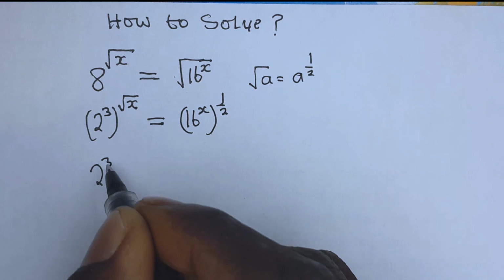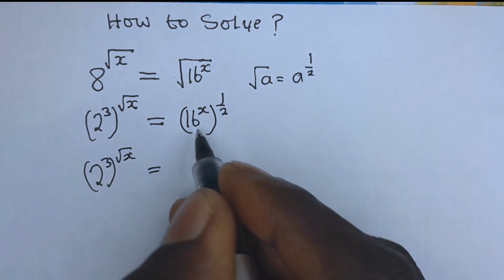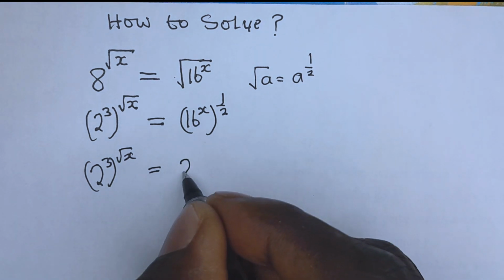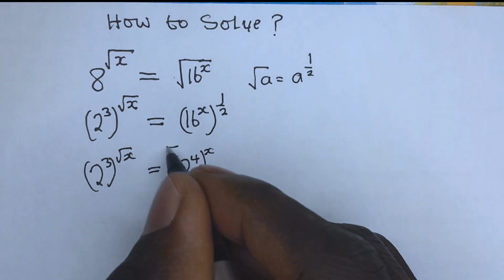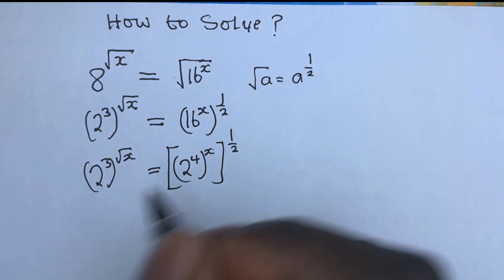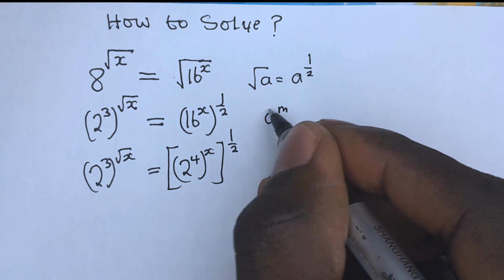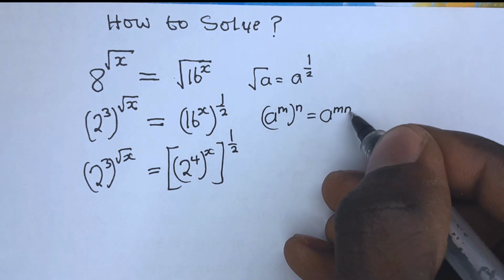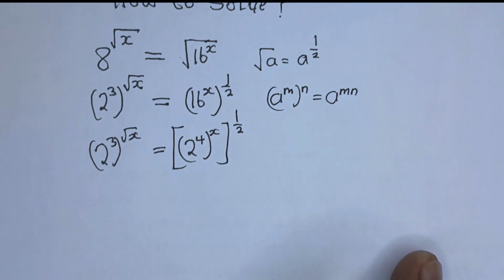Therefore 2 to the power of 3 square root of x, which is equal to, also write this 16 at its index, we have 2 to the power of 4, to the power x, to the power 1 over 2. And we have this property, if we have a to the power of m to the power of n, it is equal to a to the power of mn, so we can apply this rule to this equation.